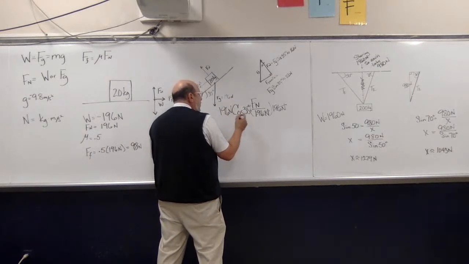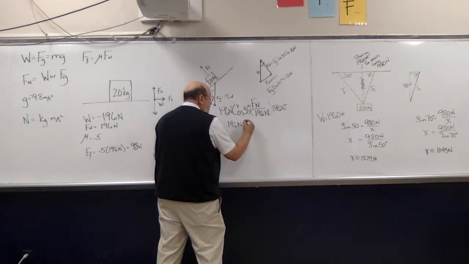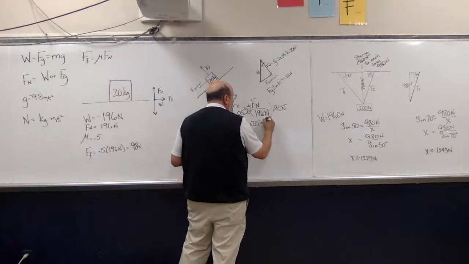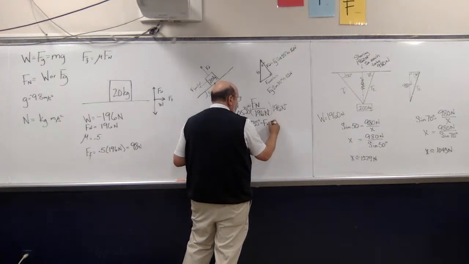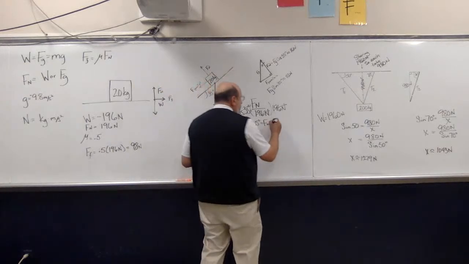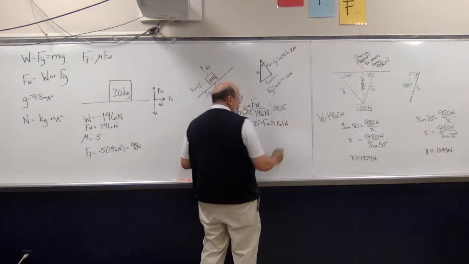All right, and so 196 newtons times the cosine of 35 is going to give me the magnitude of that normal force. And what I came up with is just about 161 newtons.